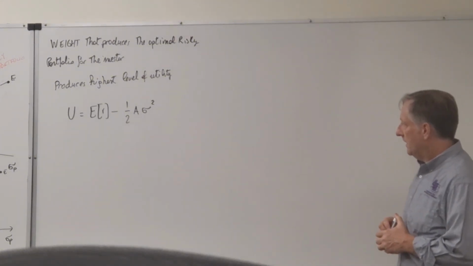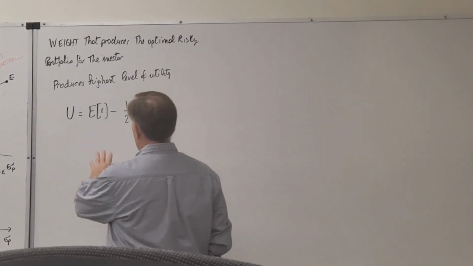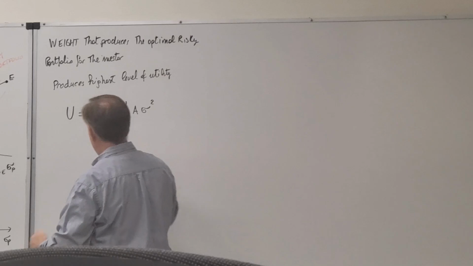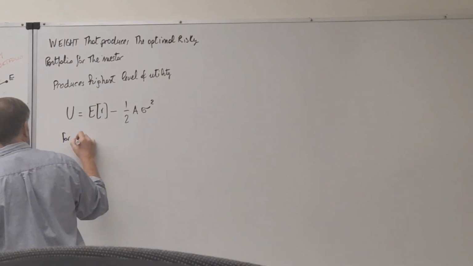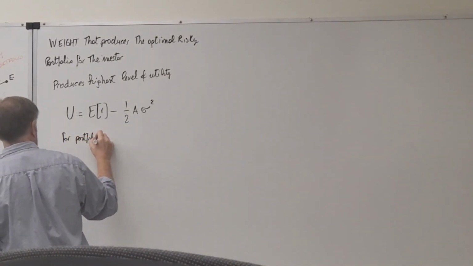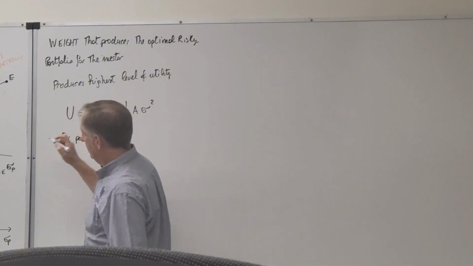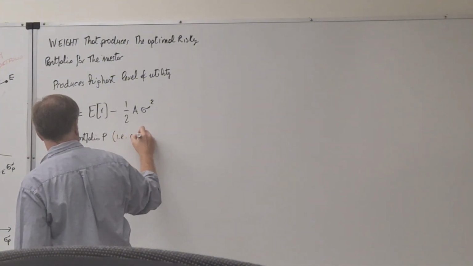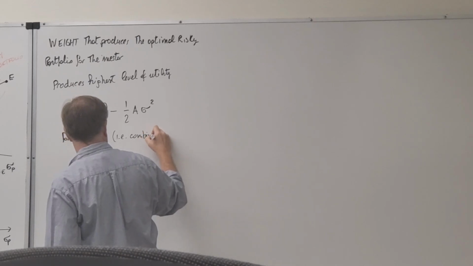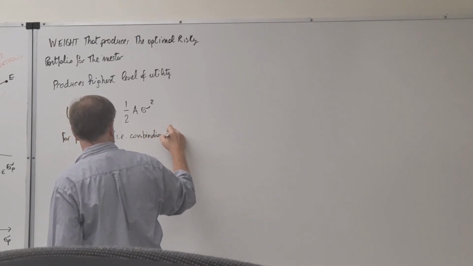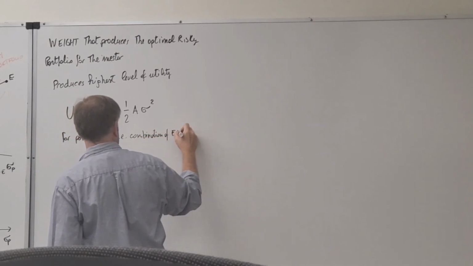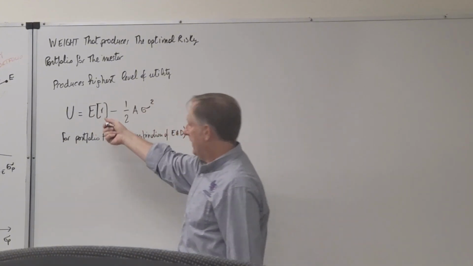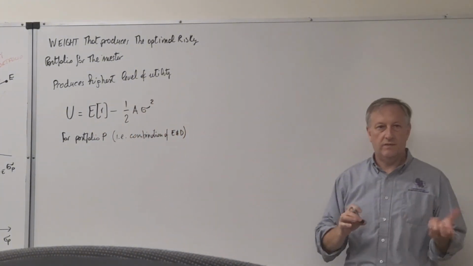So for portfolio P, for the portfolio that is a combination of E and D, can we figure out what the expected return is given the weights?